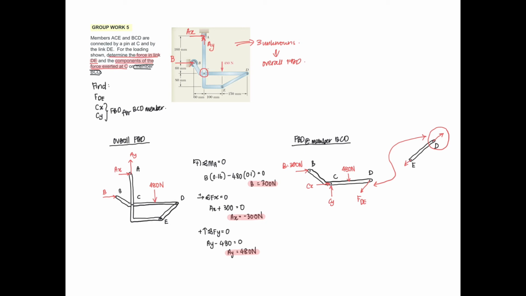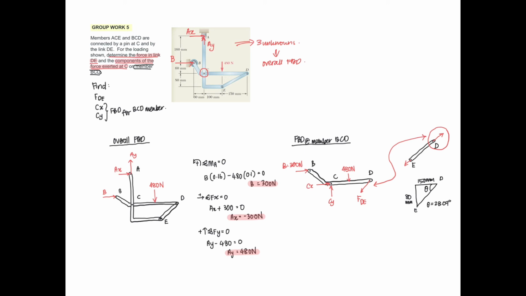Okay, in order to solve this FBD, to find the value of all the unknowns CX, CY and FDE, we also need to apply the equilibrium equation. So first thing first, we have to know the angle at FDE. Take out the triangle at point D. We have 80 and 150, so we can get the value of theta equal to 28.07. Okay, so come up with the equation.